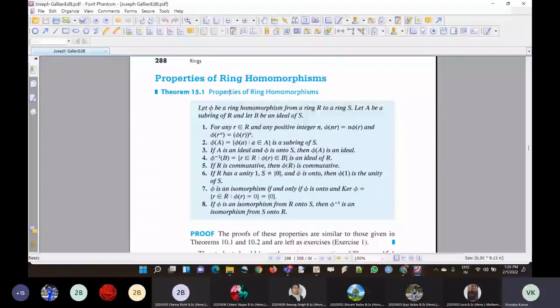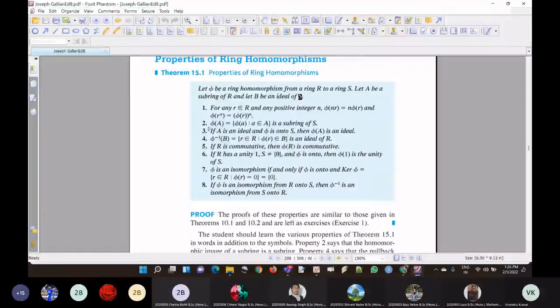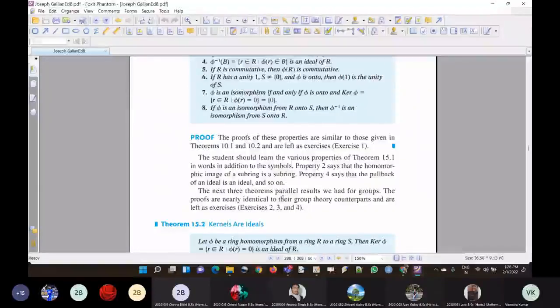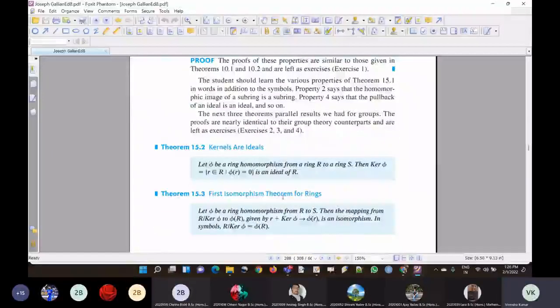So they are telling that let phi be a ring homomorphism from a ring R to S, and A be a subring of R, and B is an ideal of S. So they are claiming that the 8 properties hold. They are very much similar to the proofs of theorems 10.1 and 10.2 of group theory. So you can try them, and some of them I will be doing.